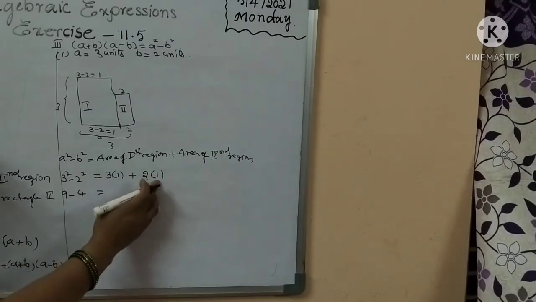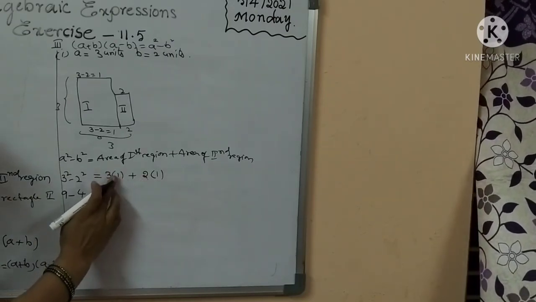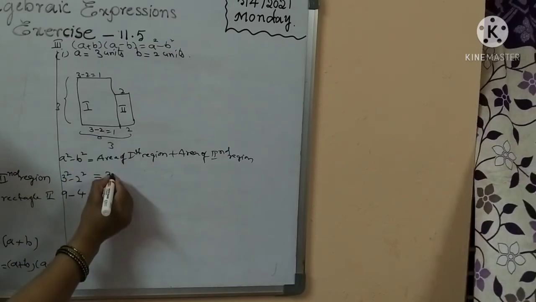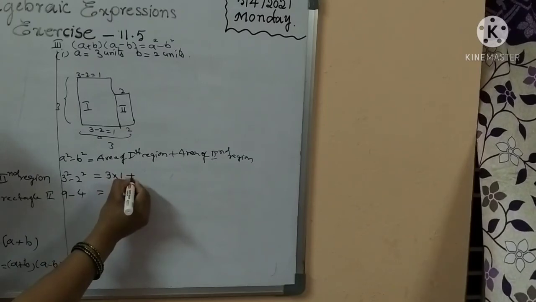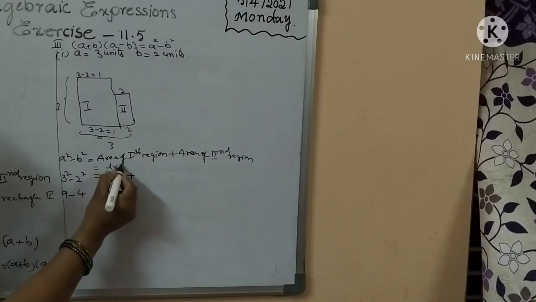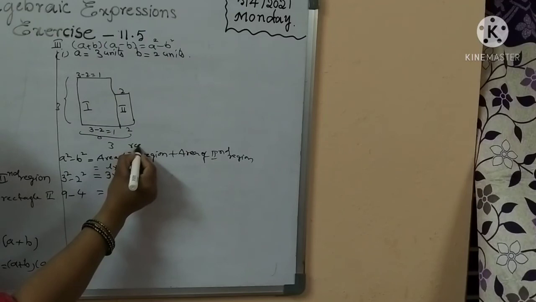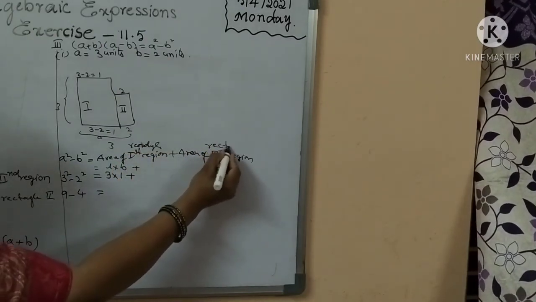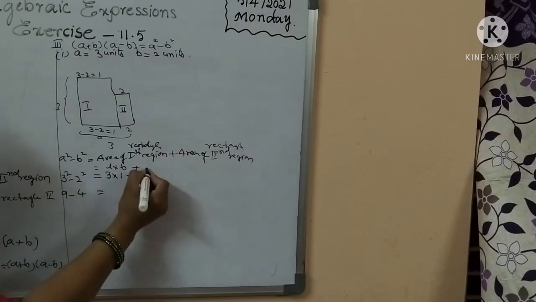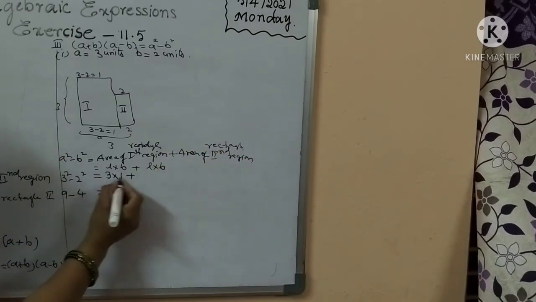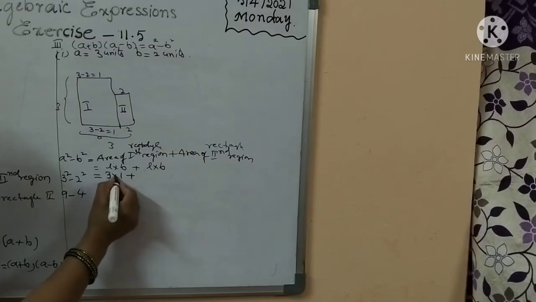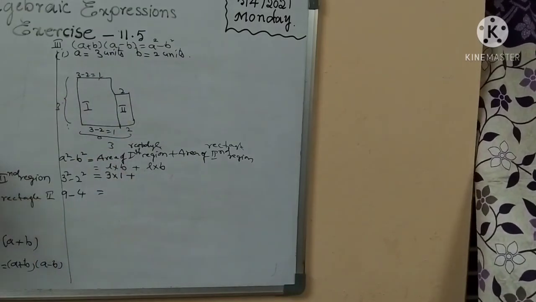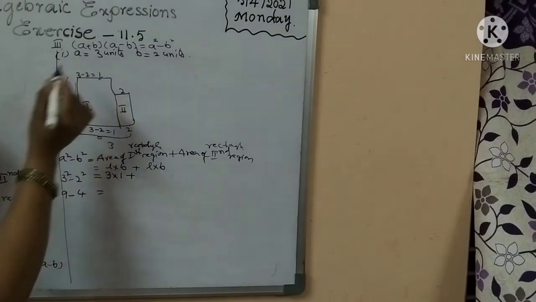Understand this one? Once again I explain that. Area of a rectangle, so here 3 into 1. It is length into breadth, plus it is also the same kind of rectangle, length into breadth. So here 3 into 2 plus 3 into 1. The total side is 3 and this is 1.